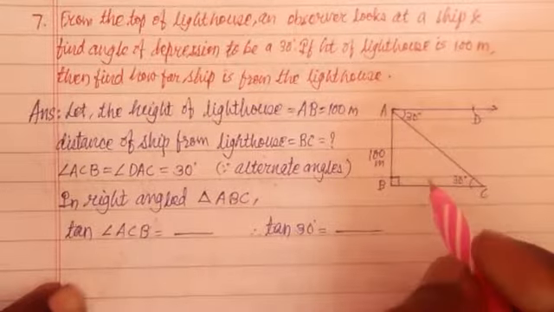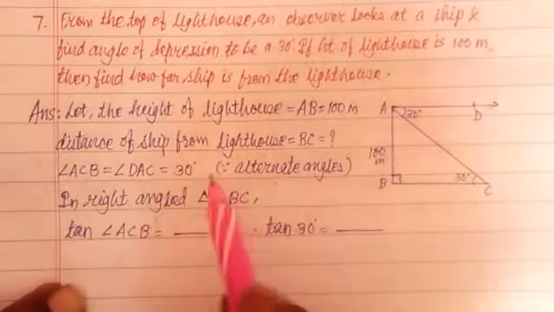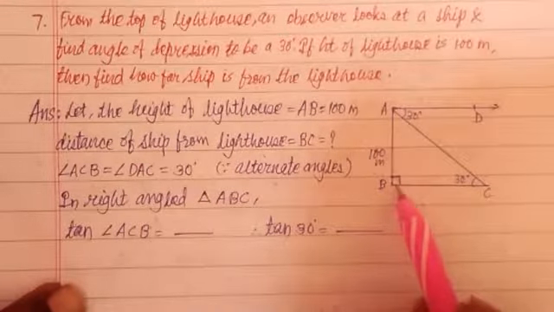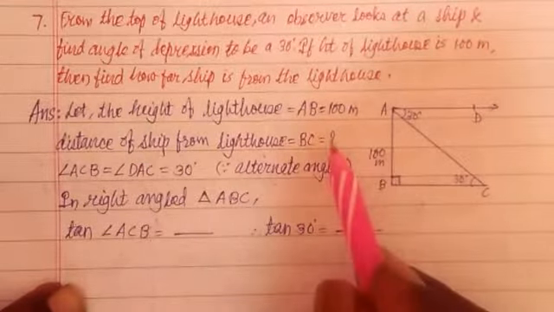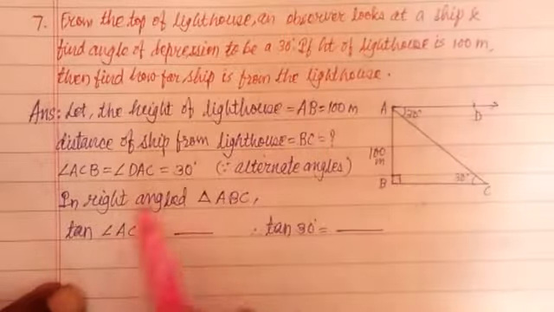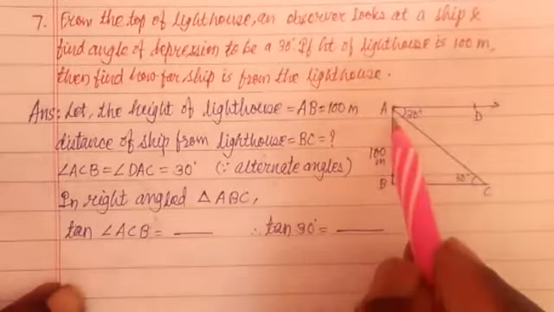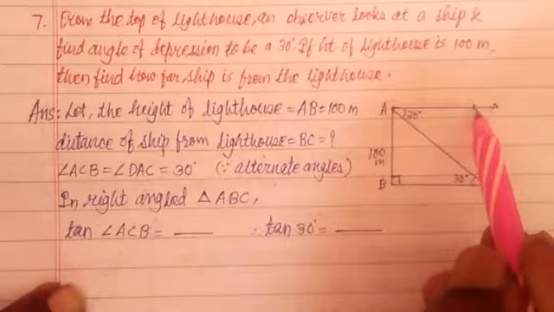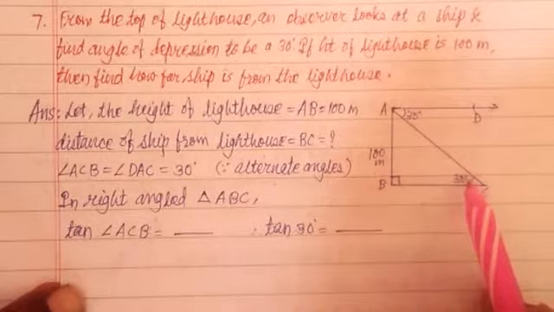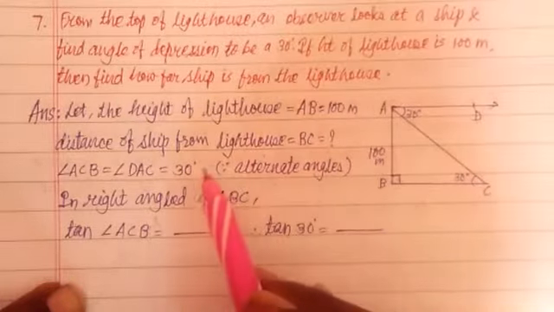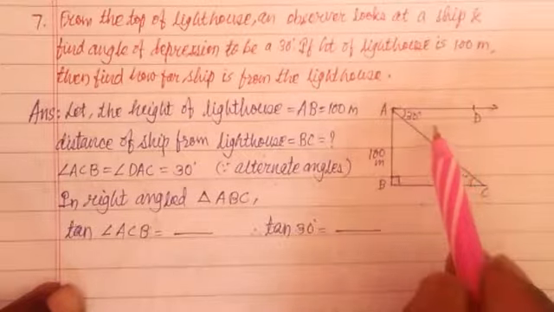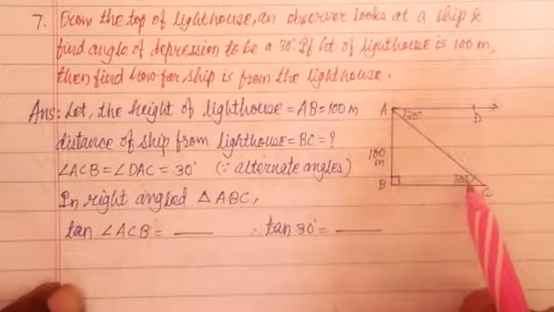Here the distance of the ship from the lighthouse is equal to BC, which we have to find out. Here angle ACB is equal to angle DAC, which is equal to 30 degrees, as this angle and this angle are alternate angles.